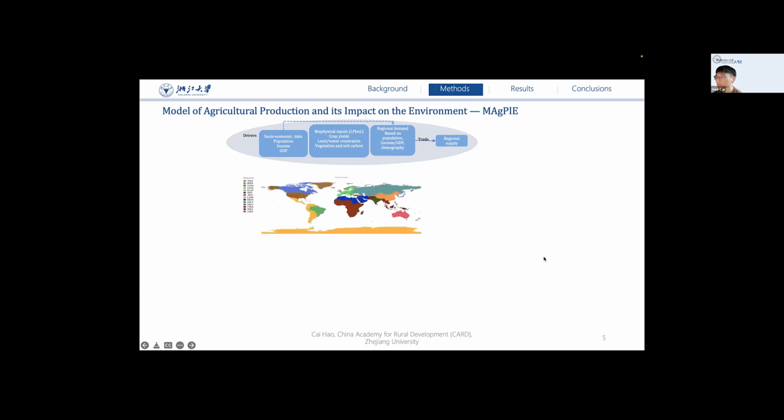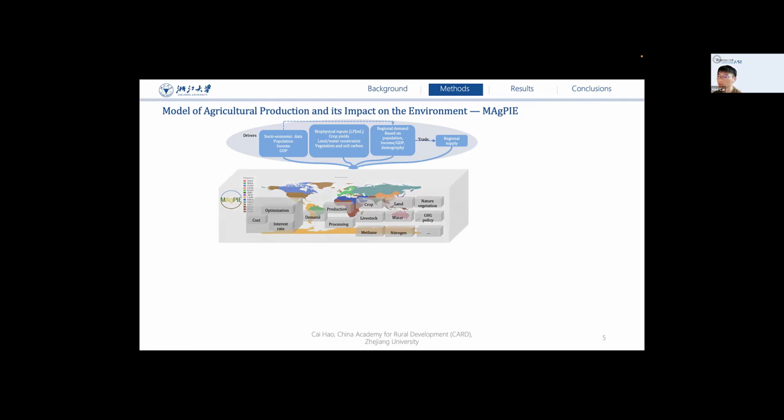In this paper, we adopt a regional mapping in which the whole world is divided into 14 regions for MACPI, and China, of course, is a single region in this map. The MACPI model has a standalone food demand module that combines nutrition, demographics, income level, and physical activity levels to calculate the energy requirements of different groups of people.